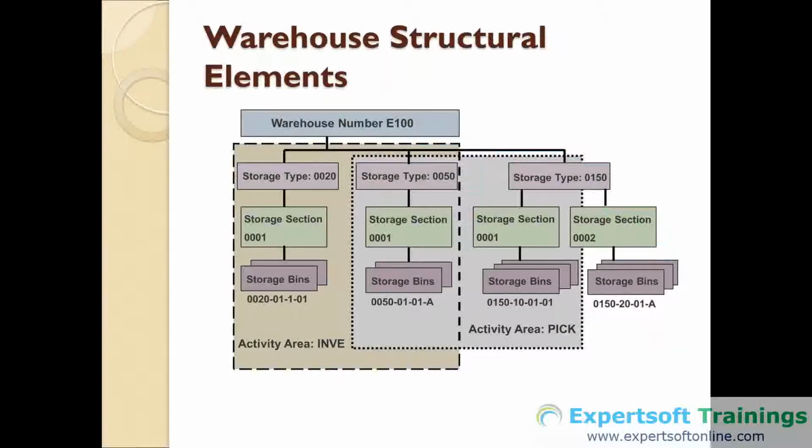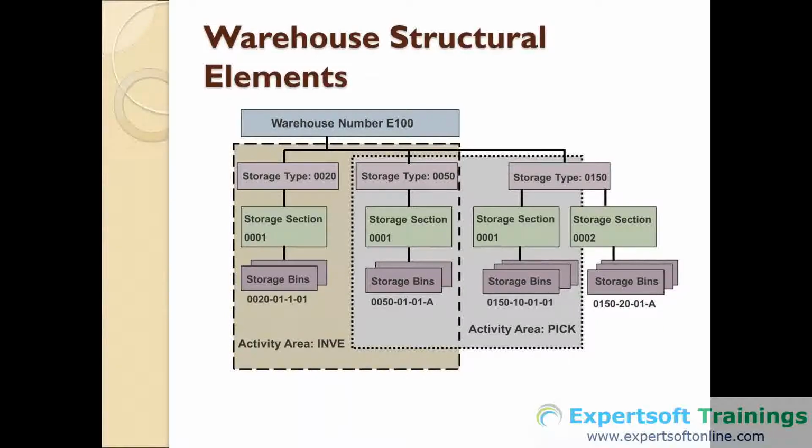I've just kept what features we have in EWM and what features we don't have in WM. As I said, deconsolidation is one of them. We don't even have that in WM. Slotting and rearrangement: sometimes you want your warehouse products to be slotted, and at that point we make use of slotting and rearrangement. Dock appointment scheduling, where you can give appointments or plan your trucks before they come to your warehouse, we do not have in WM.